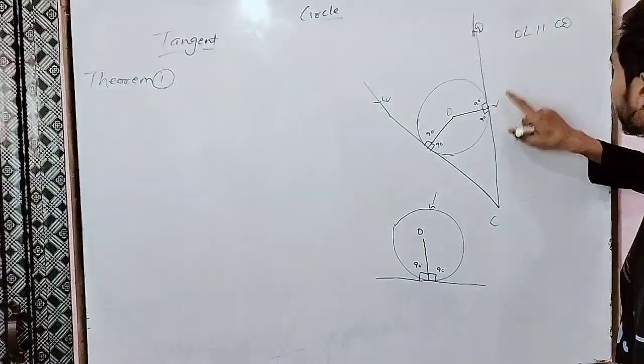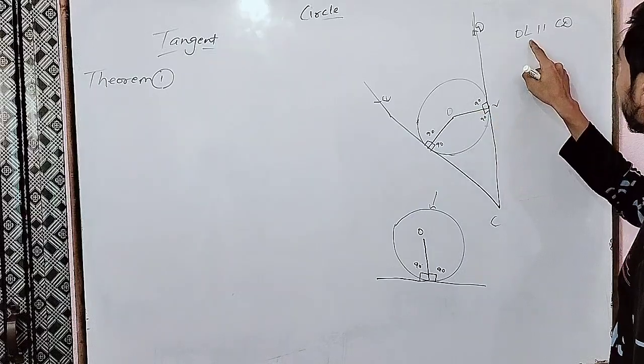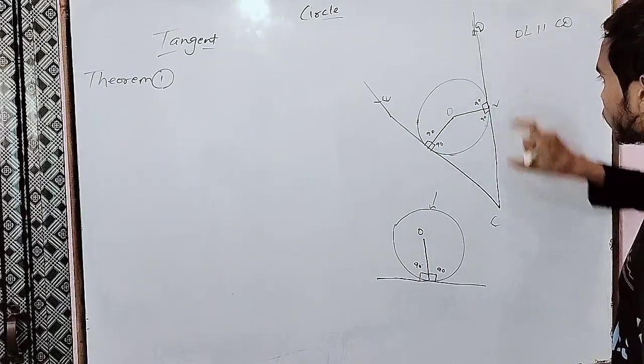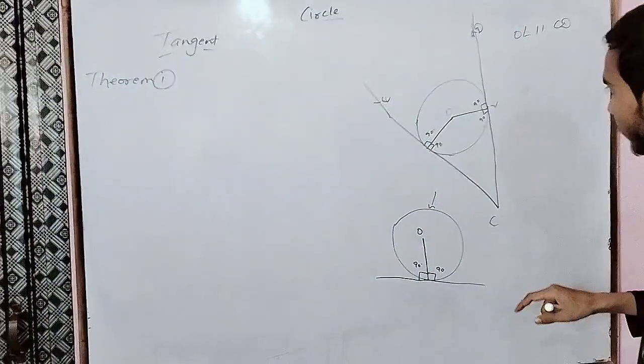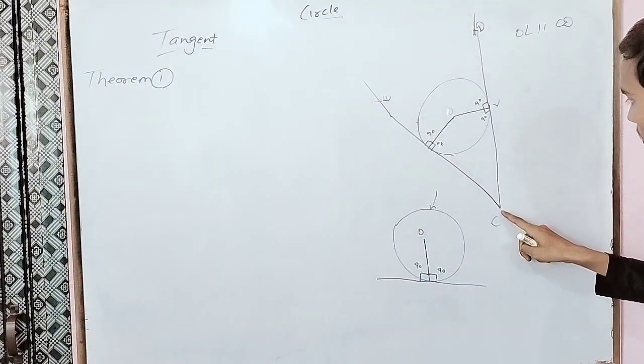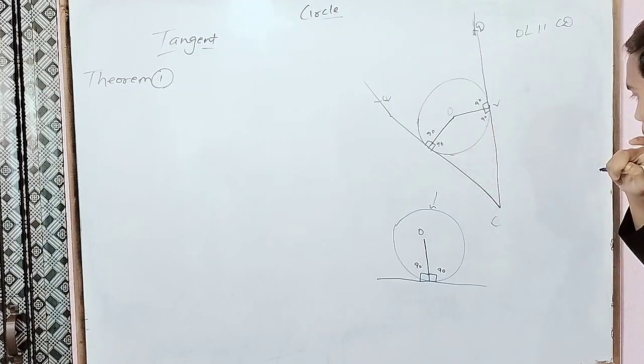Now we are clearly defining that OL is perpendicular to CD. That's why this is making 90 degrees. This is also making 90 degrees. We can see how many angles there are: 1, 2, 3, 4. So this is making a quadrilateral.